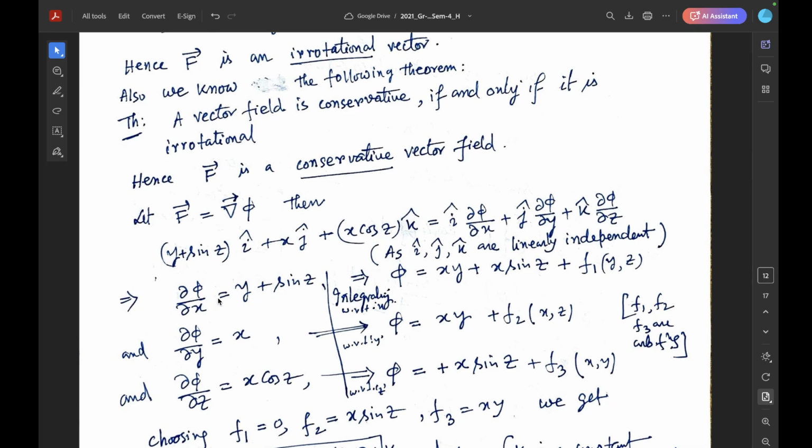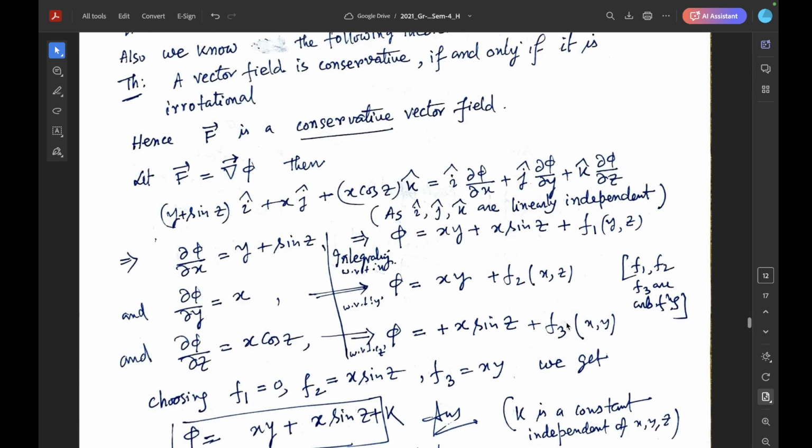First we integrate with respect to x. So phi equals yx plus x sin z plus f1, where f1 is an arbitrary function of y and z. And integrating with respect to y, phi equals xy plus f2, where f2 is an arbitrary function of x and z.